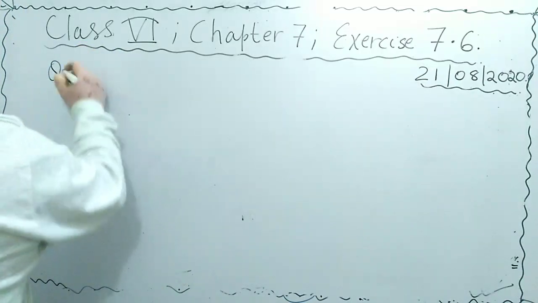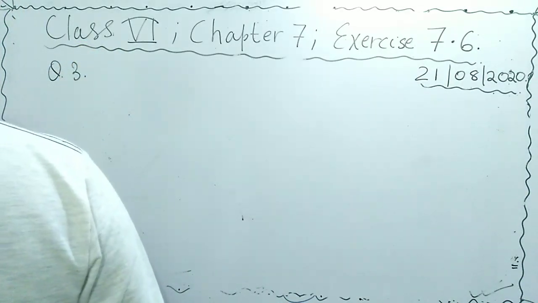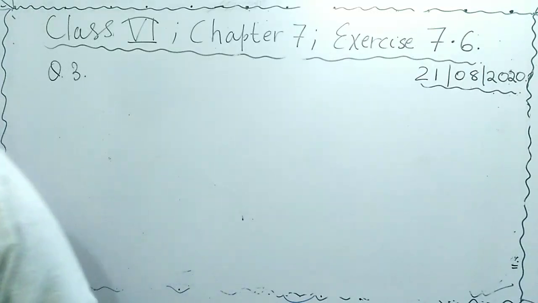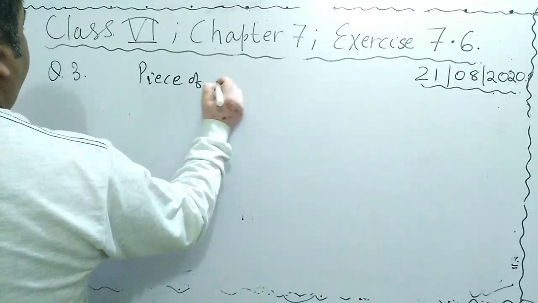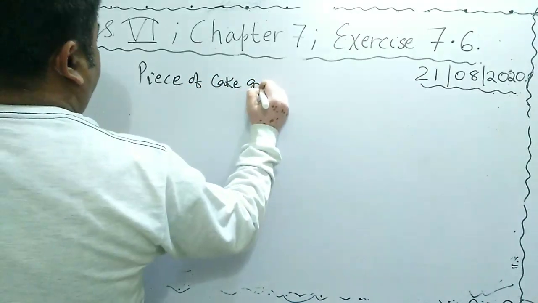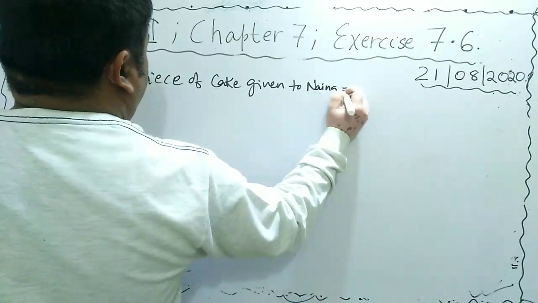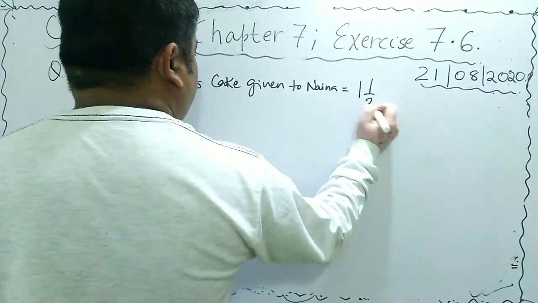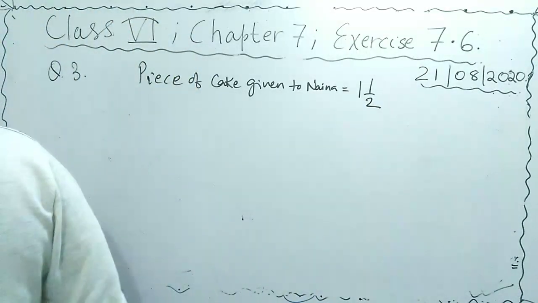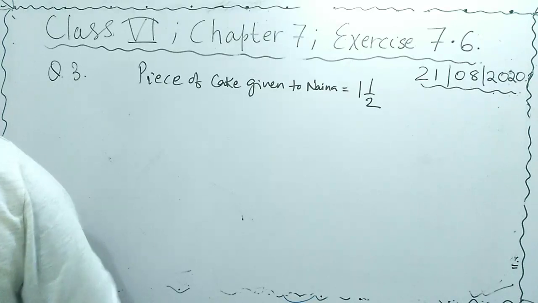Question number 3. Naina was given 1 by 2 piece of a cake. Piece of cake given to Naina is equal to 1 by 2. Najma was given 1 by 3 piece of cake.